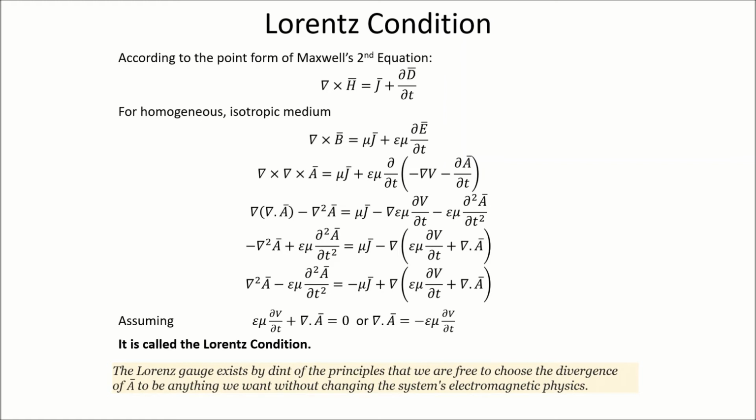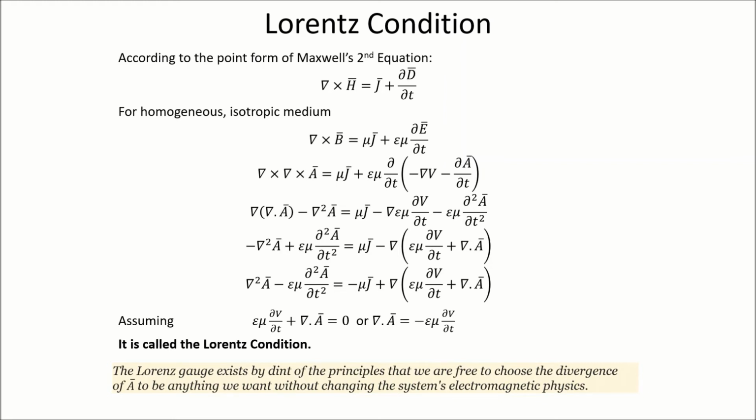Then multiplying both sides with a negative sign. At this stage, we set the factor epsilon mu partial V over partial t plus divergence of A equal to 0, meaning that divergence of A is equal to negative epsilon mu partial V over partial t.